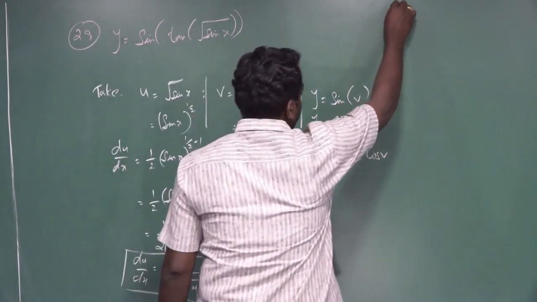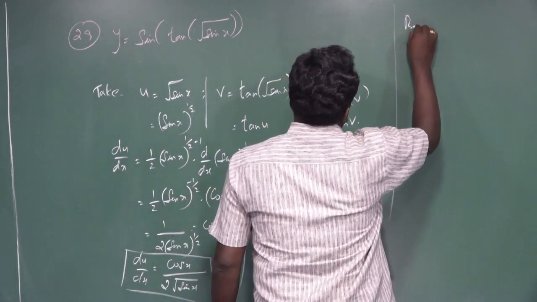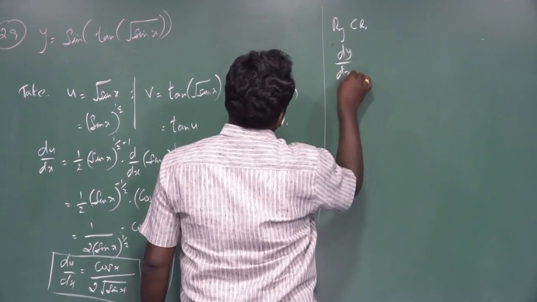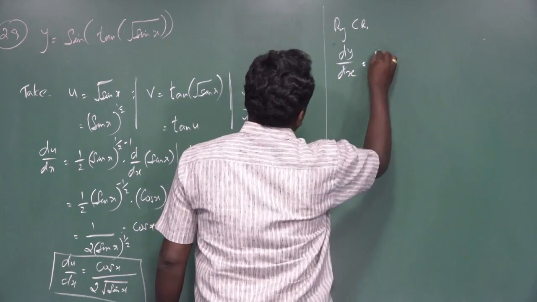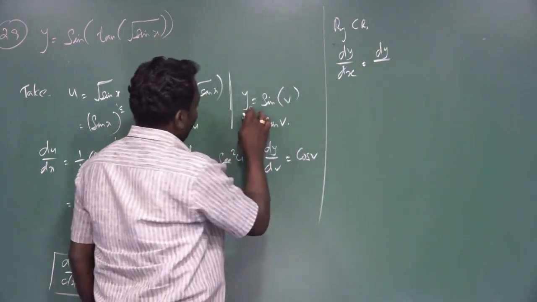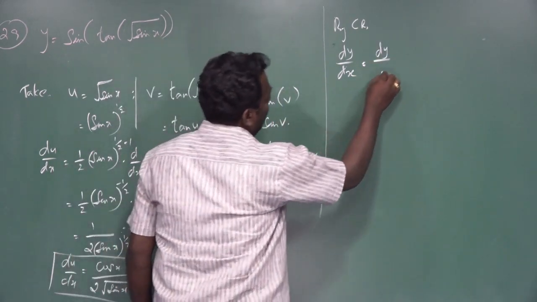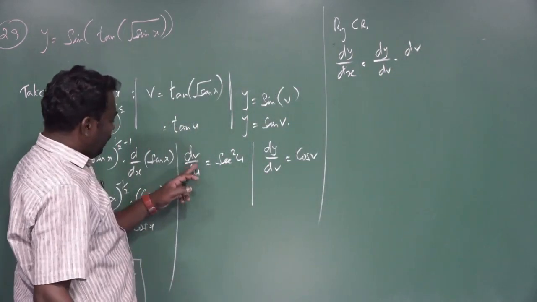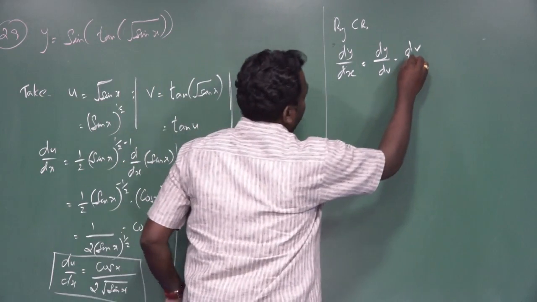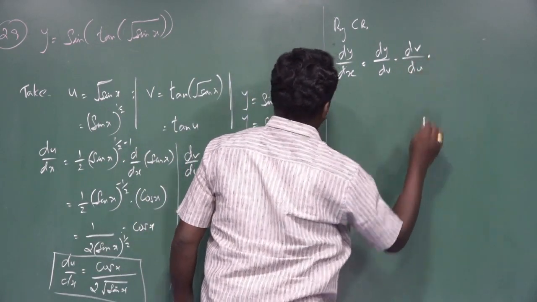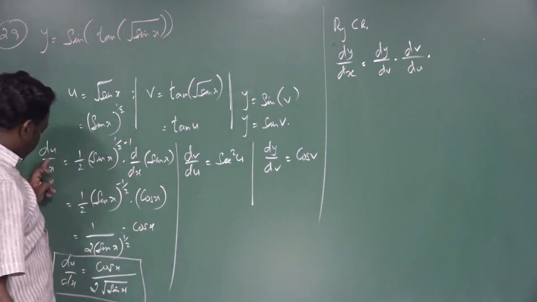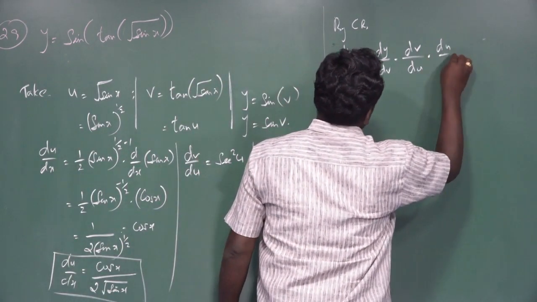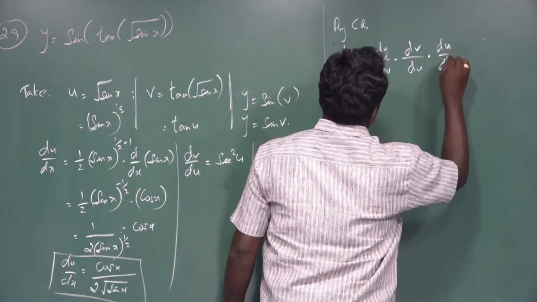Now applying the chain rule, dy by dx equals dy by dv into dv by du into du by dx.